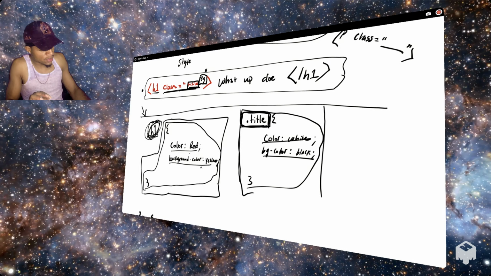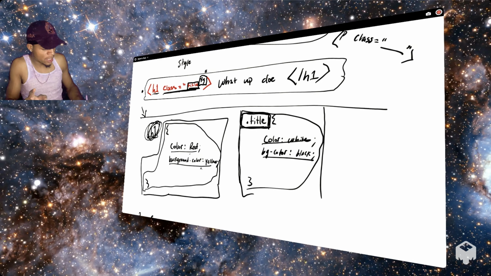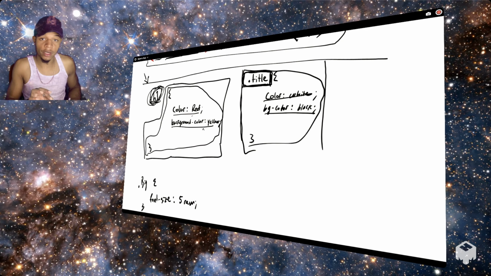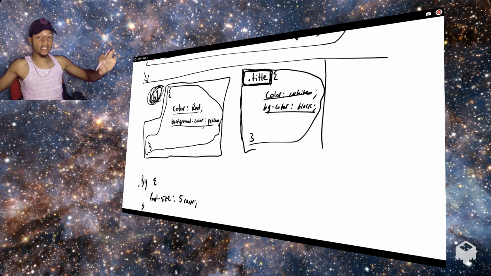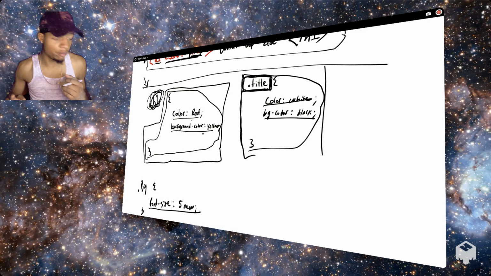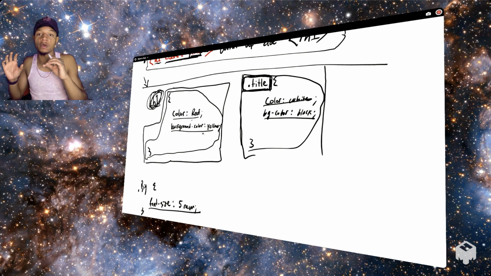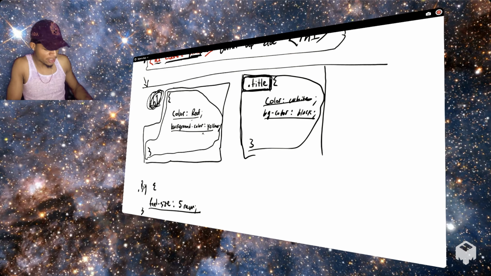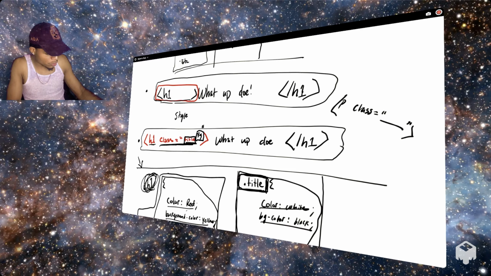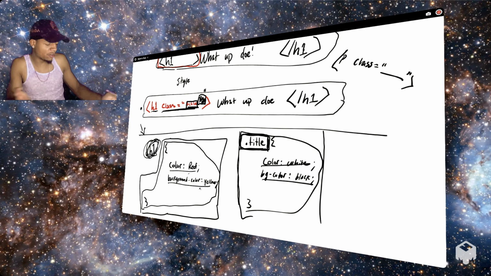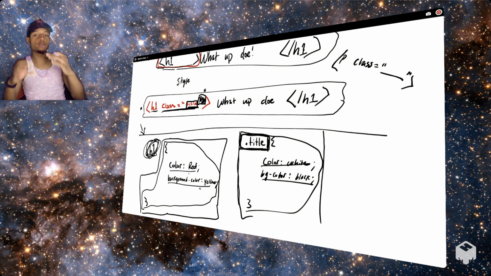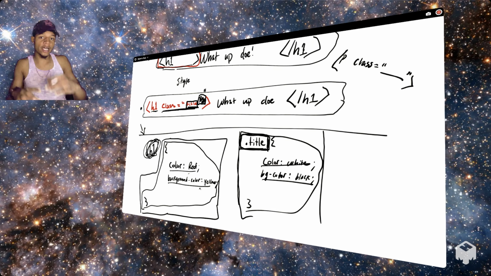But then it goes and sees the big class as well, and it says, okay, and I also need to add a font size of 5 rem. So now this is a big white title with a black background is what happens. And so you can also remove that class off of there, and then it would just be a big title with the color, this, that, and the other. So we can add multiple classes onto elements.